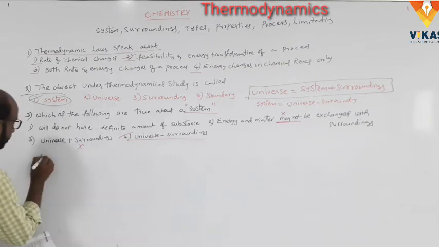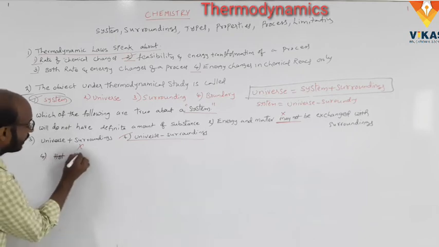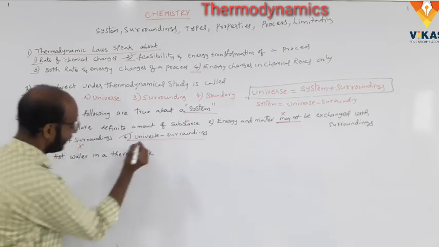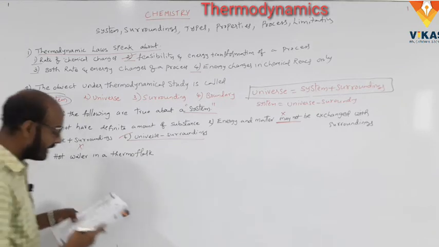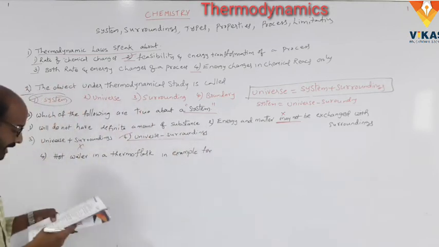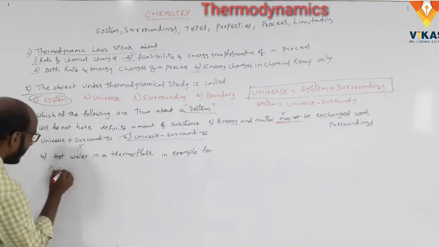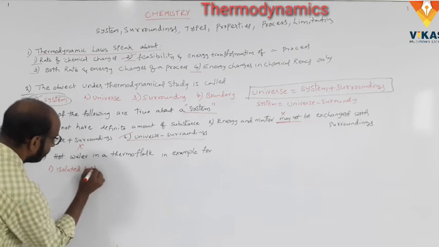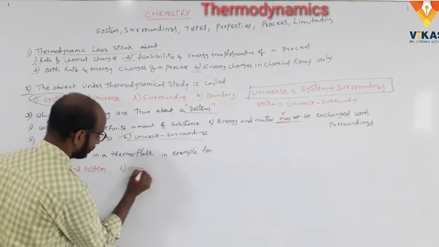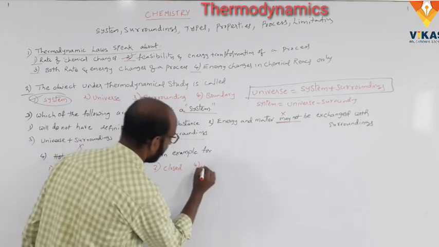And next one, fourth one, hot water in a thermoflask is an example for: one is isolated system, second one open system, third one closed system, and fourth one adiabatic system.